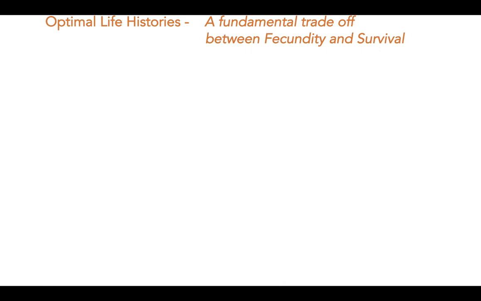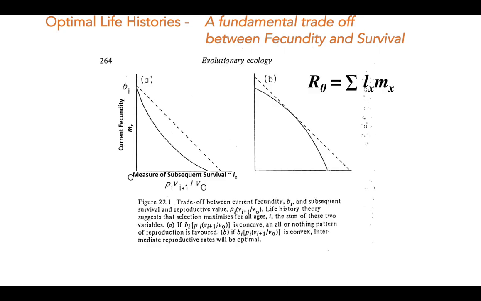And this reflects the fact that there's a fundamental trade-off between fecundity and survivorship. So remember in our equation for fitness, or R sub naught, that equals the summation of Lx times Mx, it turns out that there's a fundamental and deeper trade-off between Lx and Mx, that is, between survivorship and fecundity.